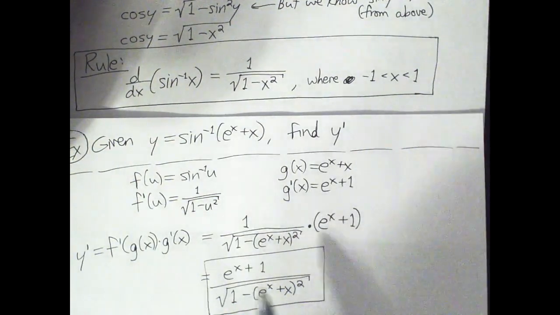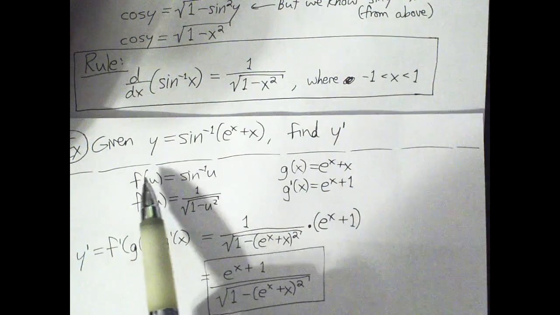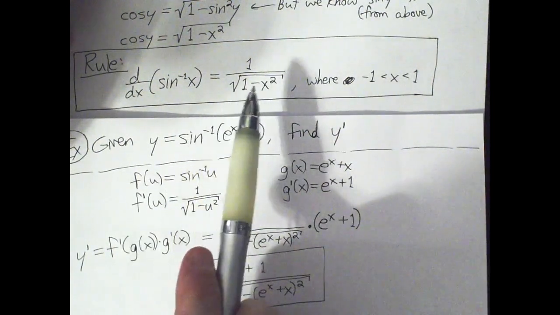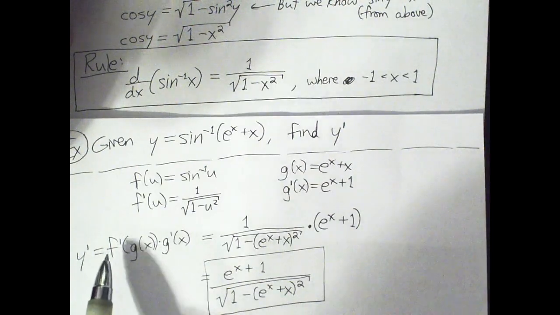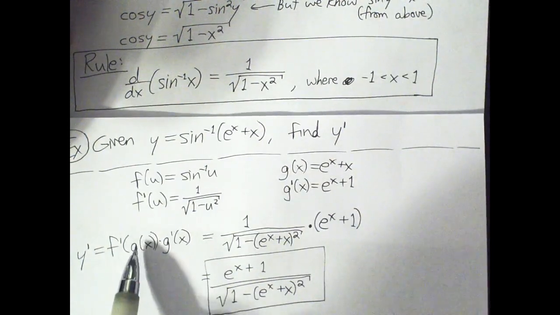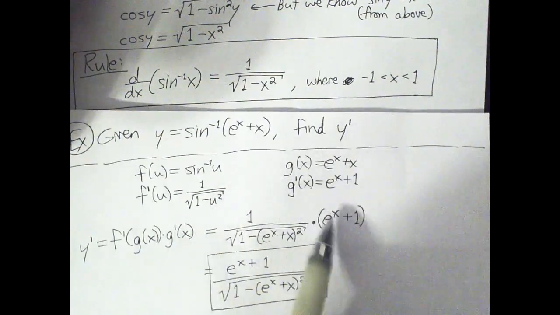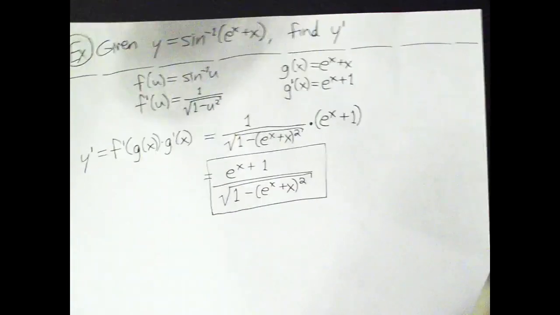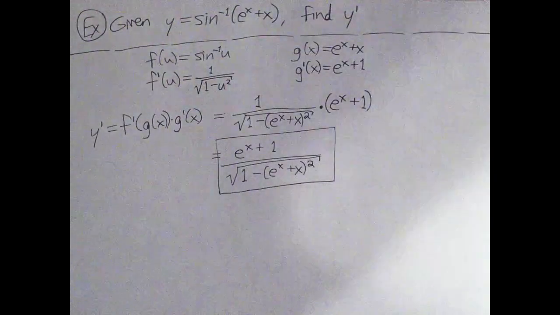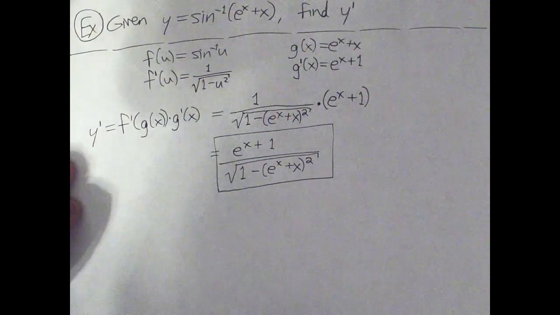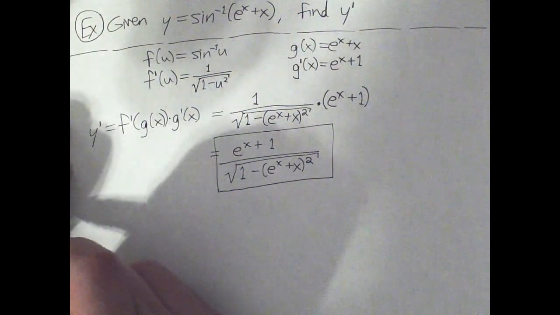So I really think that you could do this without writing f of u, g of x, f prime, g prime, as long as you remember chain rule is derivative of the outside of the inside times derivative of the inside. Okay. But there's no harm in writing out all these steps. All right, so that is inverse sine.